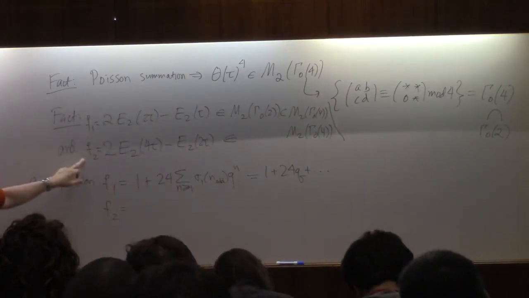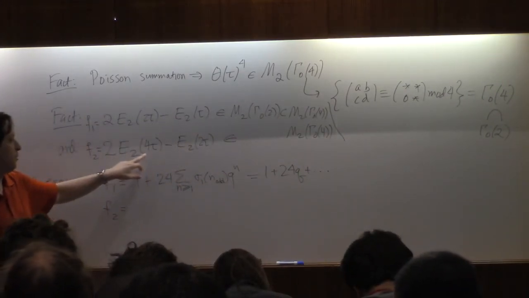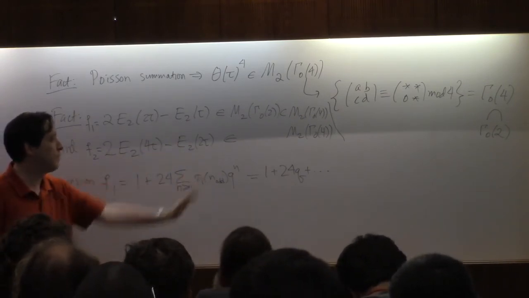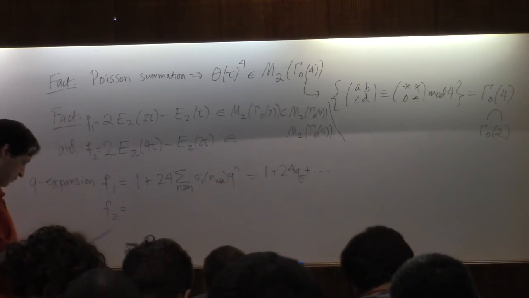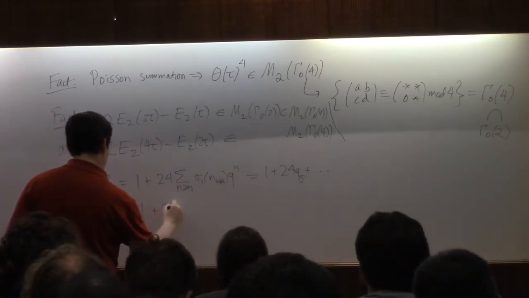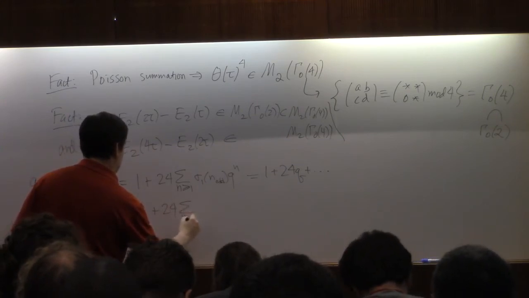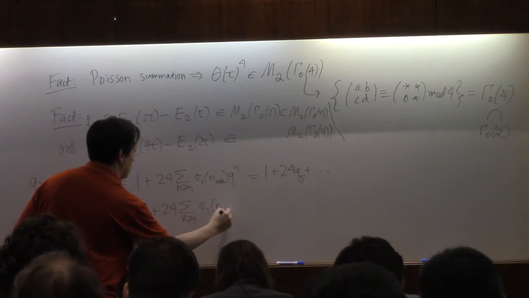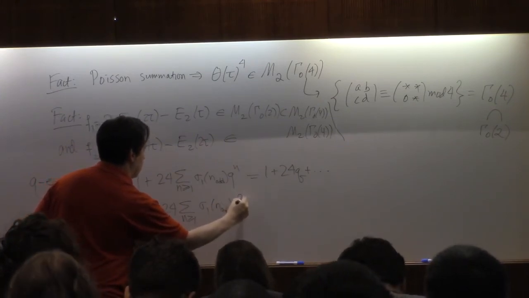And the second one, because tau is always showing up in the context of 2 tau, the Q expansion will have all even powers of Q. And I worked this out, and it is 1 plus, oh yeah, I said before, it's just replacing tau with 2 tau, so in Q notation, I'm just replacing Q with Q squared.